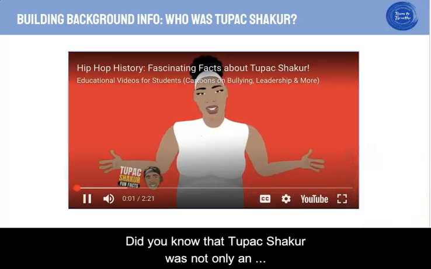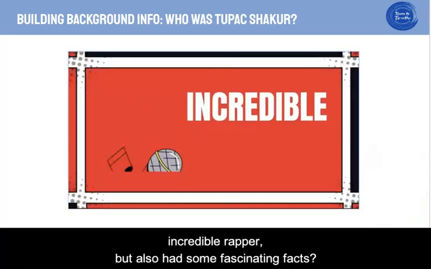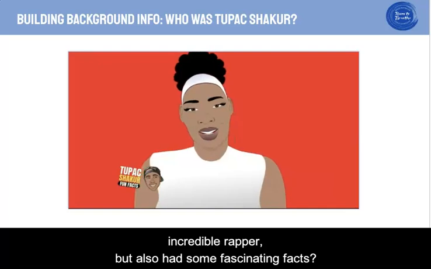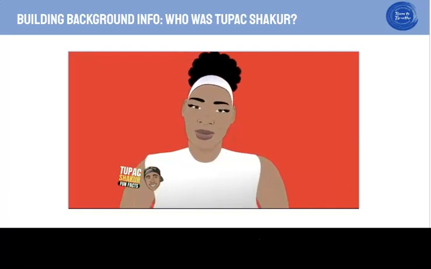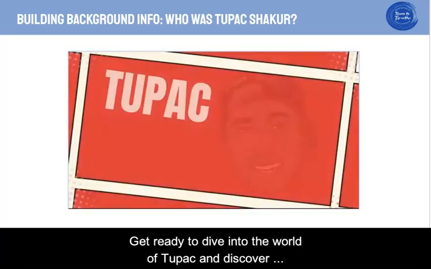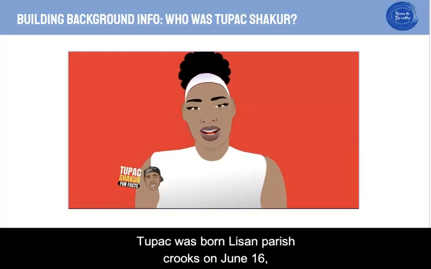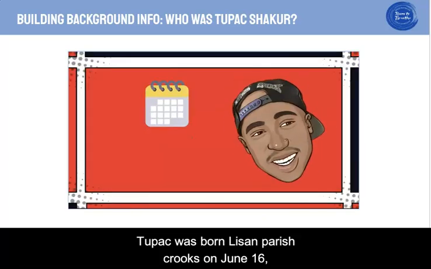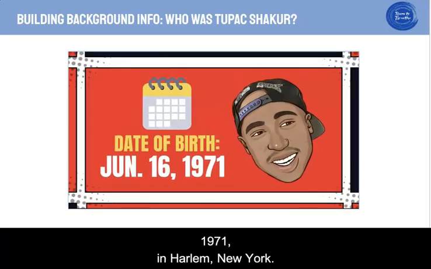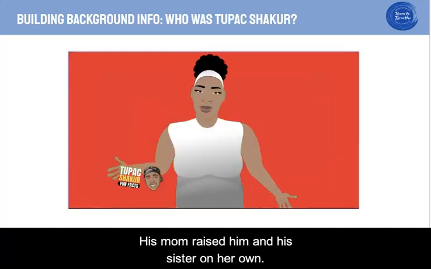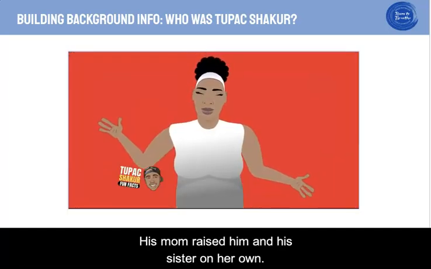Did you know that Tupac Shakur was not only an incredible rapper, but also had some fascinating facts? Get ready to dive into the world of Tupac and discover some surprising things about this legendary artist. Tupac was born Lisan Parish Crooks on June 16, 1971 in Harlem, New York. His mom raised him and his sister on her own.